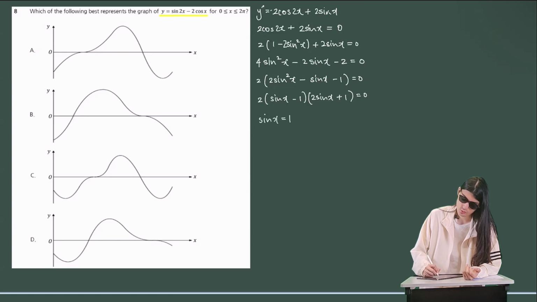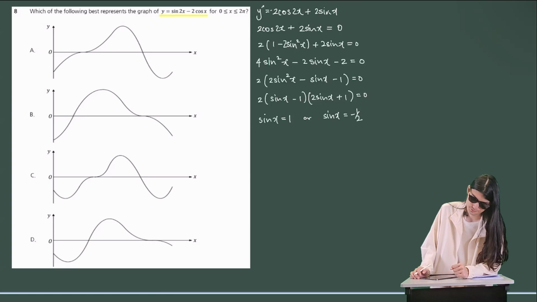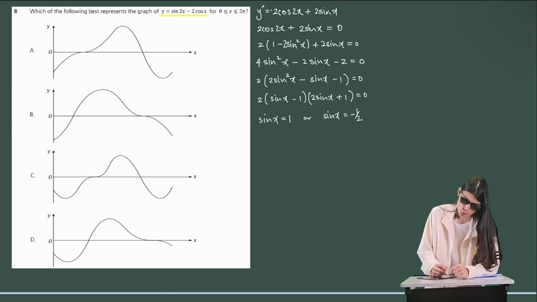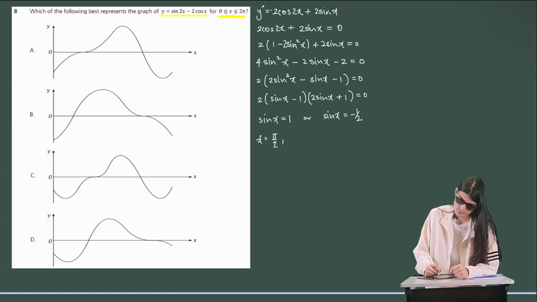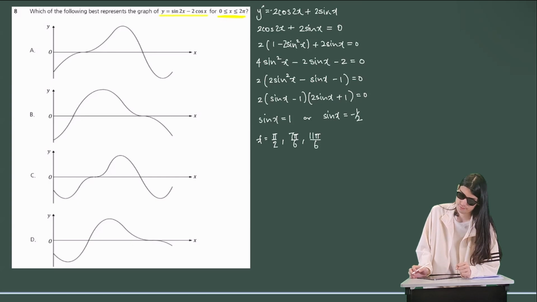Sine x is equal to 1, or sine x is equal to negative half. And in the domain of x given in the question, which is from 0 to 2 pi, the solutions to these equations are then pi on 2, 7 pi on 6, and 11 pi on 6. 3 stationary points altogether.